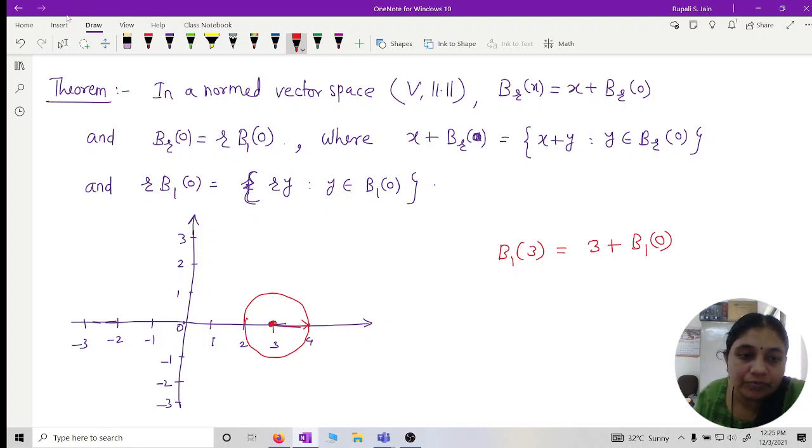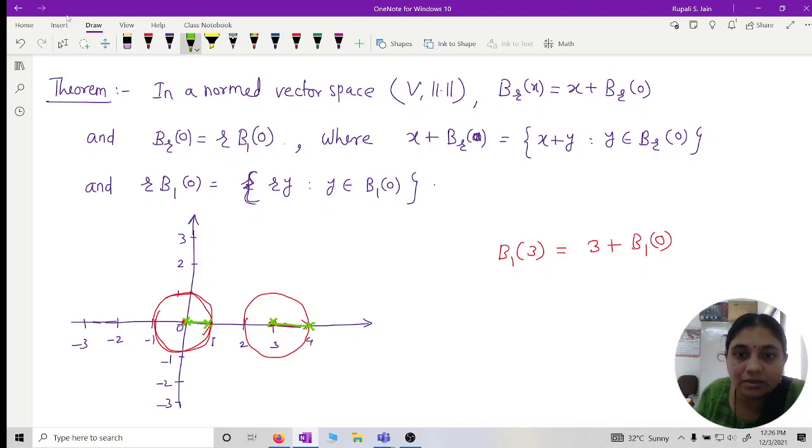So what is B_1 at 0? B_1 at 0 will be a ball like this, passing through 1, 2, 3. If I add 3 to this, this point will move to this, and all points will move like that. So this ball will be shifted to this position. Are you getting this?